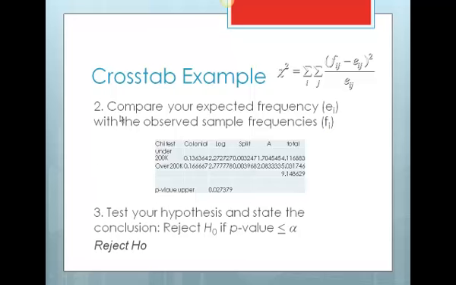Now I'm going to compare my observed frequencies with my expected frequencies following that same basic process: observed minus expected squared as my numerator divided by my expected. Then I'm going to add those all up. Now this is slightly different because I'm going to need to add across my rows and down my columns.